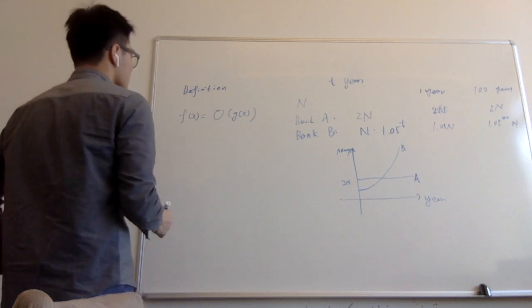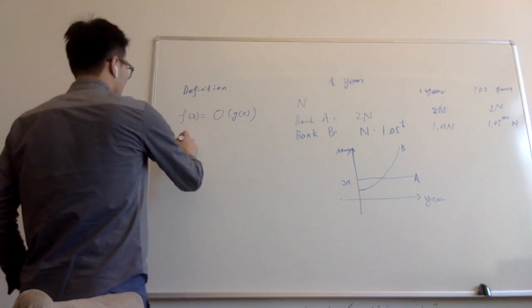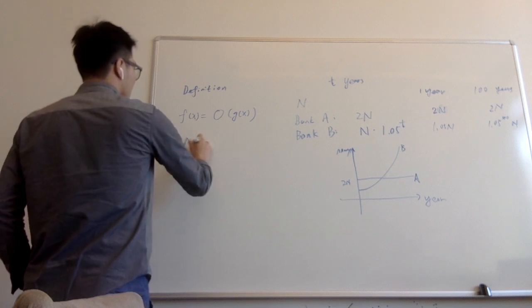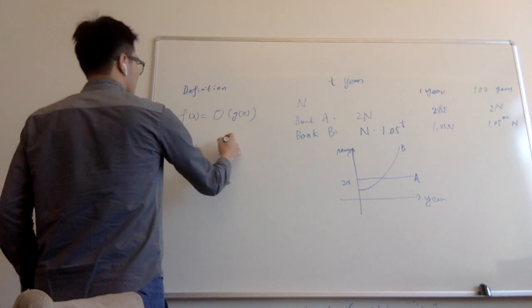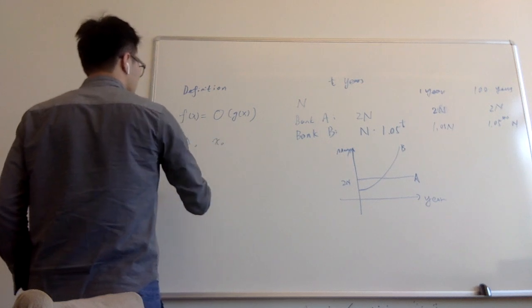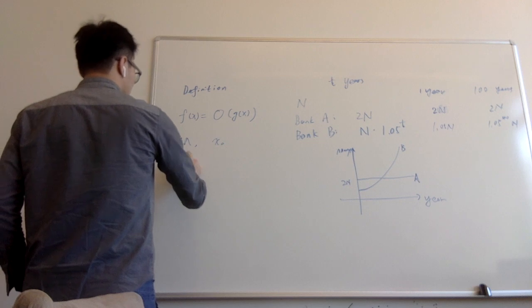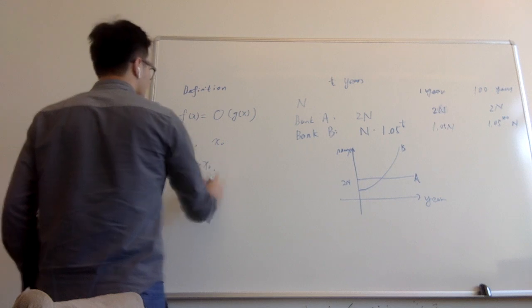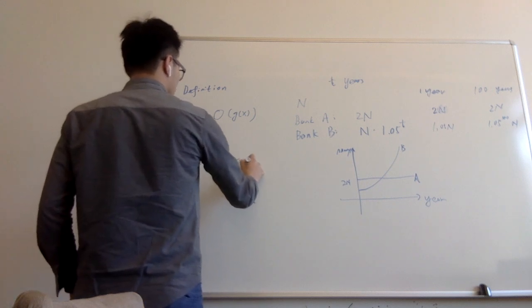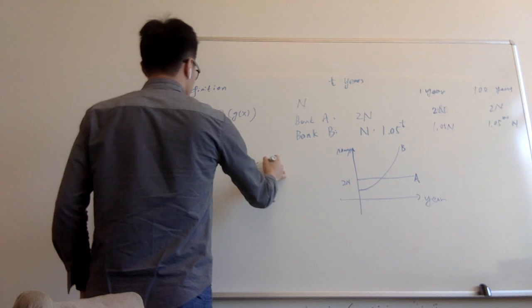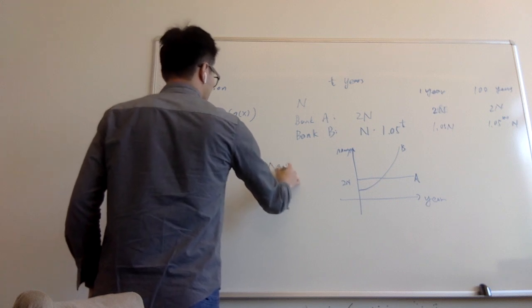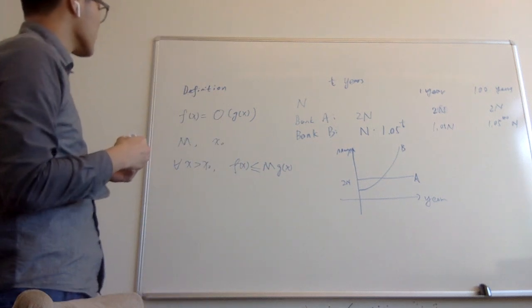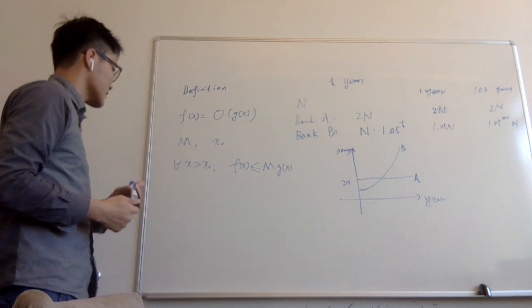In this case, we would want to say that we can find a constant number m, and also another positive number x0, such that for all x greater than x0, we always have that f of x is smaller than m times g of x. So this is the definition here.